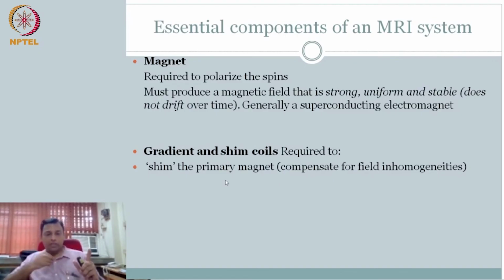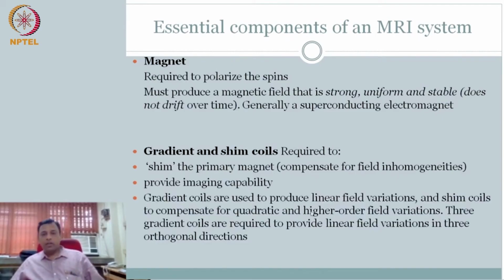The gradient should be as per our requirement, so we know which frequency came from where. But the magnet being a material, it can have some inhomogeneity, fluctuations, right? You don't want that. So how do we smooth it? How do we make sure that the field is homogeneous? You need to have a shim coil. The shim coil essentially tries to compensate for any inhomogeneity so that the magnetic field turns out to be homogeneous.